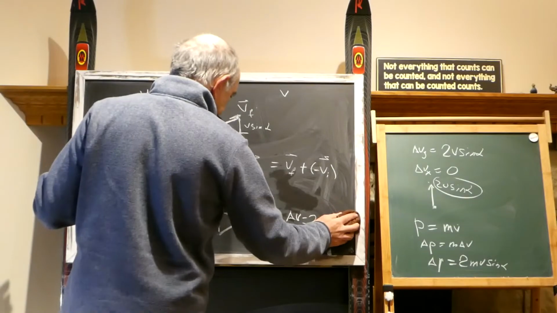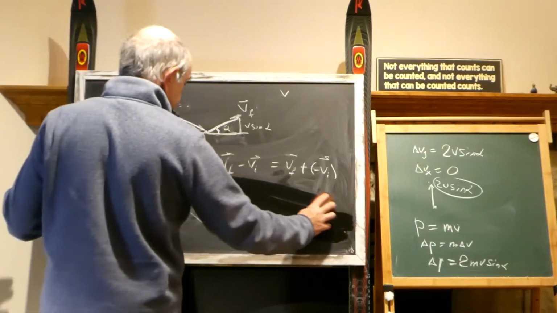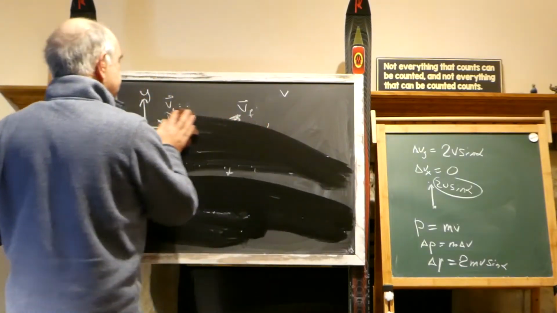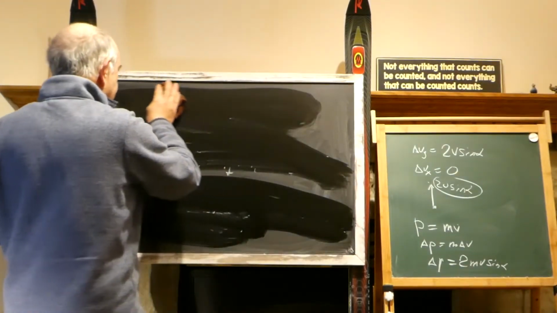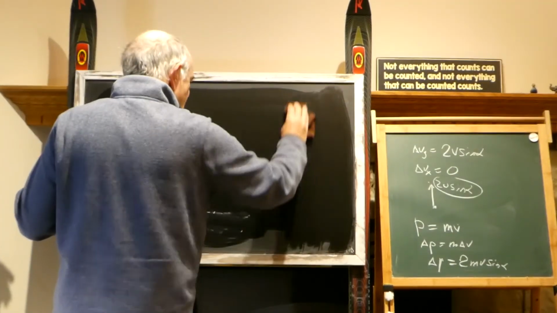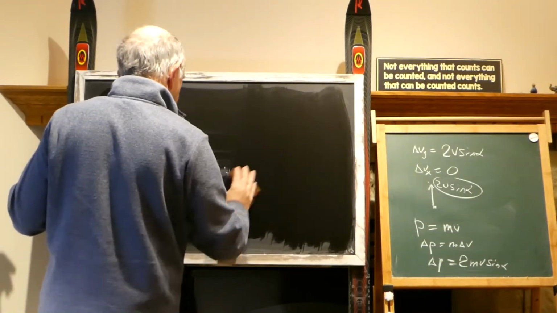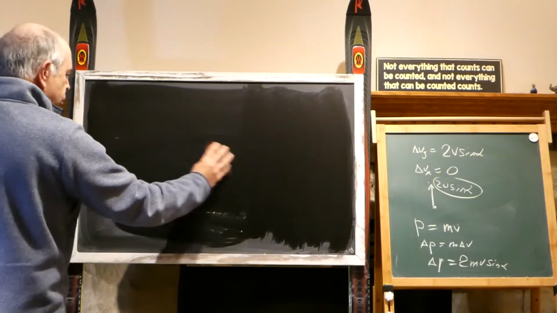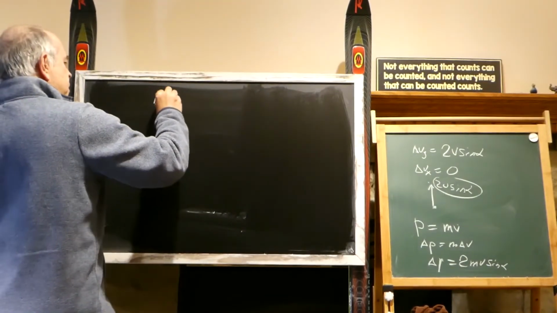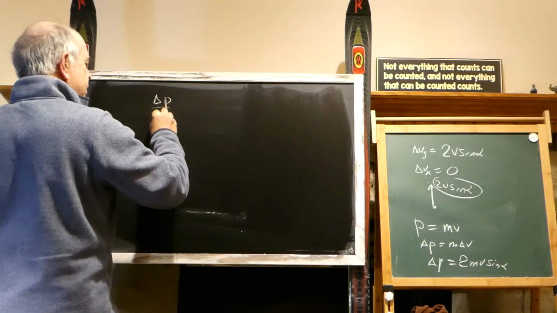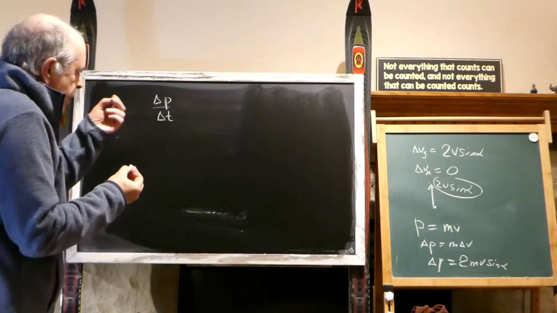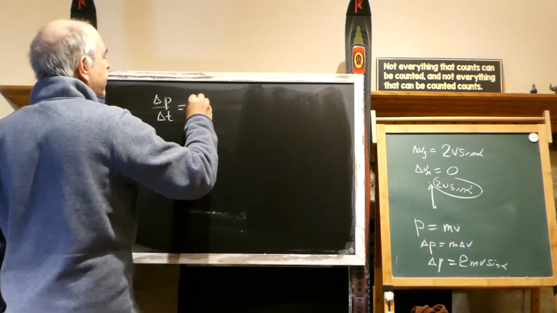So the bottom line is that when the particle hits the surface under the angle alpha, it creates a change in the momentum. And the change in the momentum is delta p, and this change over delta t, so that all happens during time t, is equal to the force.